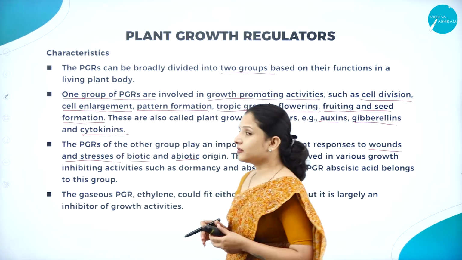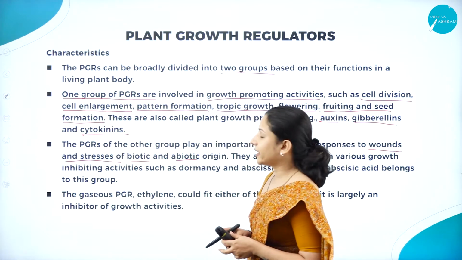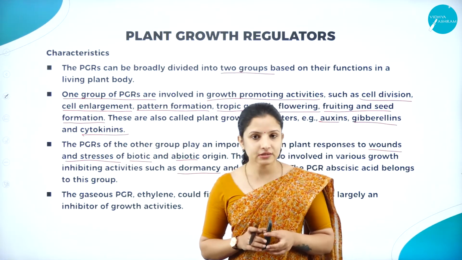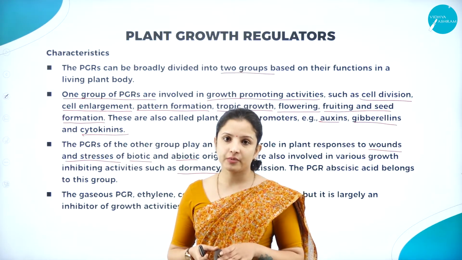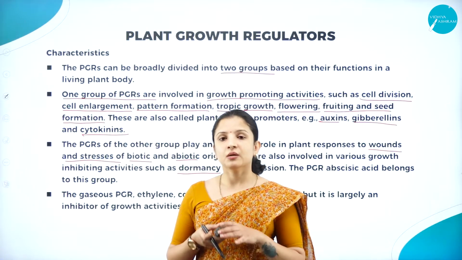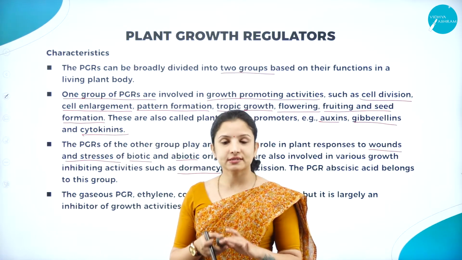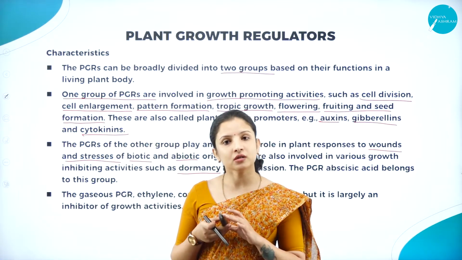And not just that, they also help in the growth of the plant by inhibiting dormancy. So what is dormancy? Dormancy is a condition in which the seeds fail to germinate. Sometimes, because of the environmental stresses the seed is subjected to, the seed will not germinate and develop into a plant.